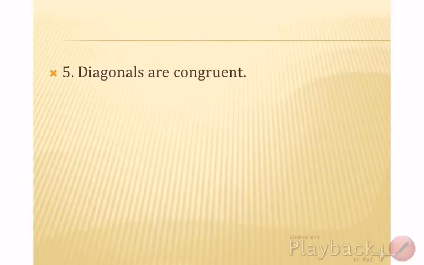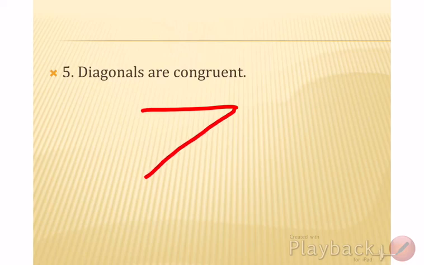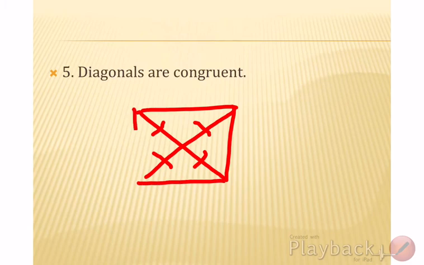Go to the next one. Diagonals are congruent. This is getting predictable. That's a parallelogram.